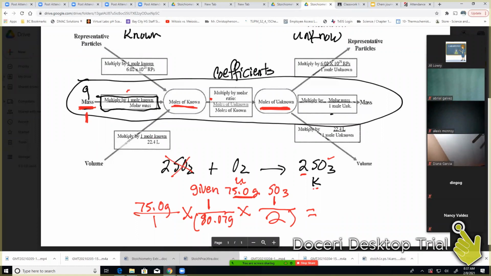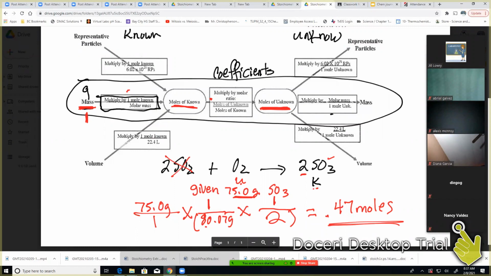Did you take 75 and divide it by 80.07 times 2? I got 0.47. Is that what I got? Yes, some no's, yes. So my answer for this would be 0.47 moles.